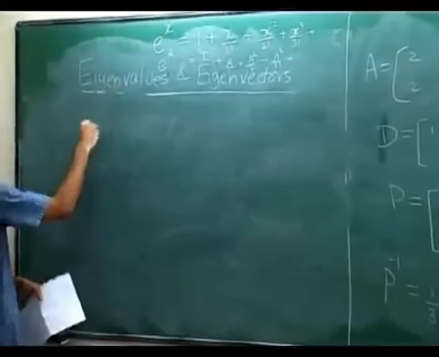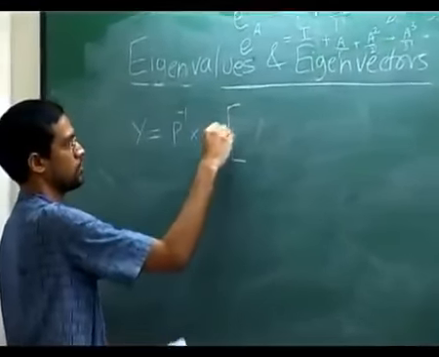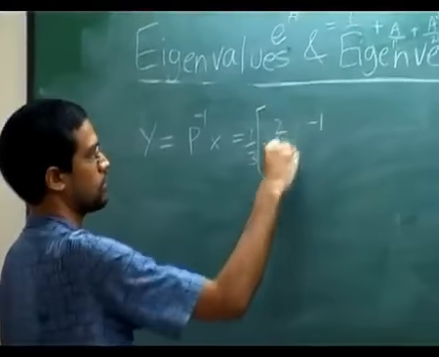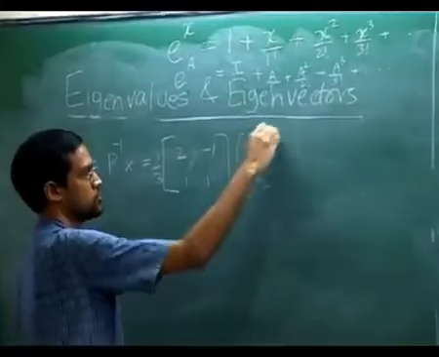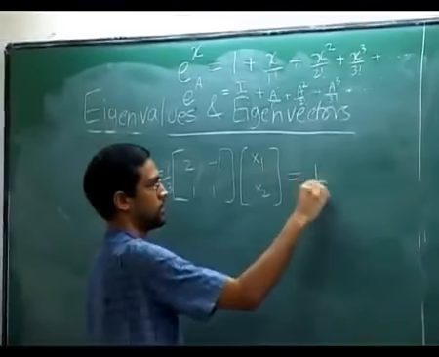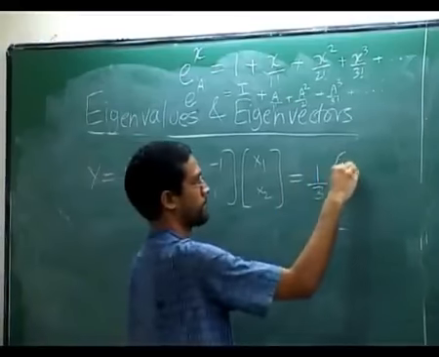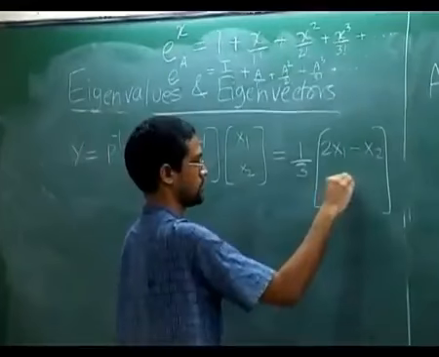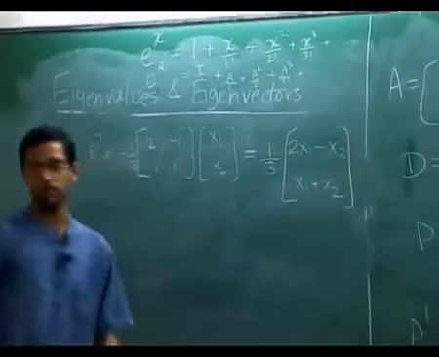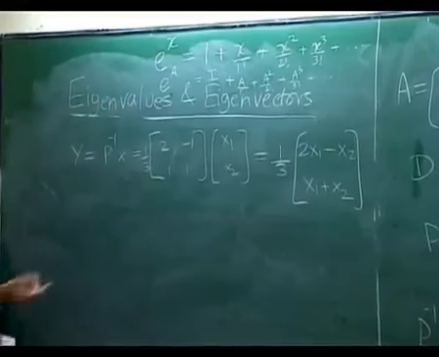P inverse is 1/3 times the matrix 2 minus 1, 1 1, times x1 x2. So this is 1/3 of 2x1 minus x2, x1 plus x2. I've just done P inverse times x, and that's my answer.